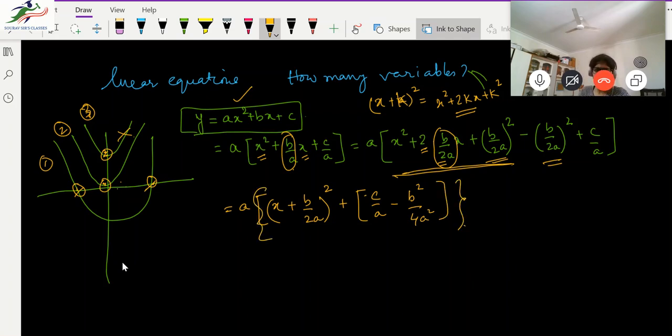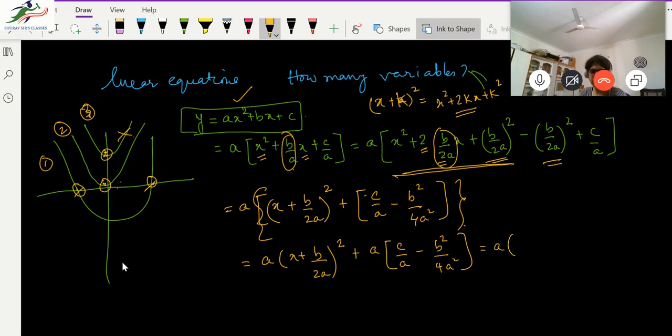Now I can simplify this: a into x plus b by 2a whole square plus a into c by a minus b square by 4a square. So I can take one a out in the denominator.